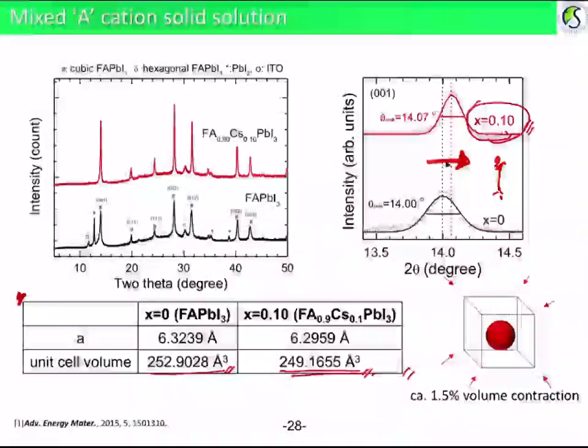And from the XRD measurement, we can also see that in the case of pure formamidinium perovskite, there is some residual hexagonal non-perovskite phase, although we heat the film at a high temperature. But for the case of formamidinium and cesium hybridized perovskite, we can see that it only consists of pure cubic perovskite phase.